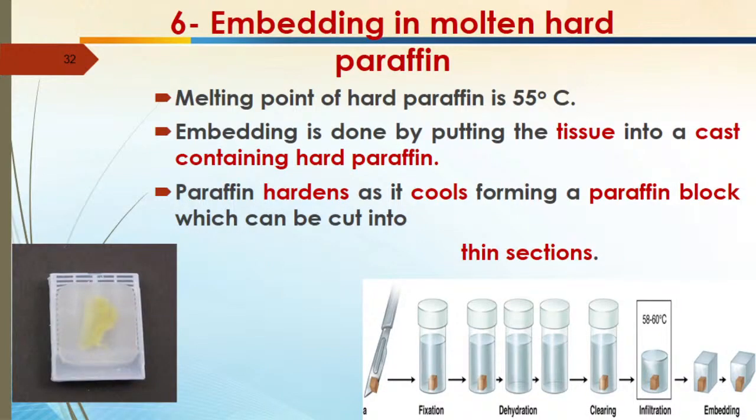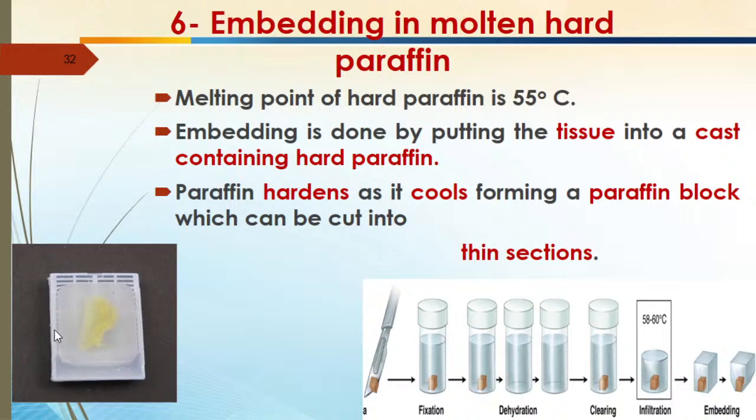Embedding uses molten hard paraffin at a higher temperature, 55 degrees. Embedding is done by putting the tissue into a cast containing the hard paraffin. As it cools, the paraffin hardens, forming the paraffin block, which can be cut into thin sections.